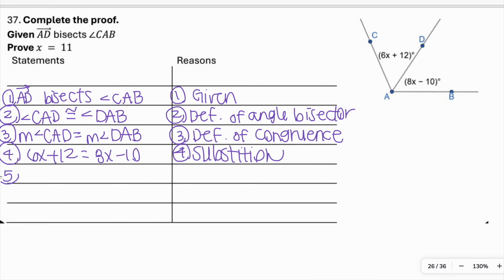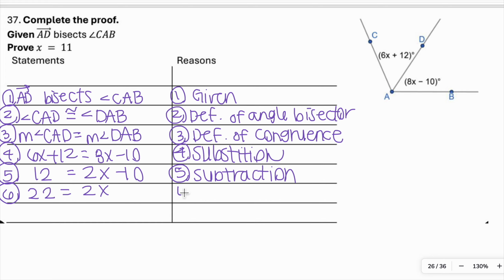And then from here it becomes very easy because you're using algebraic reasoning. So I'm going to subtract 6x from both sides. So I get 12 is equal to 2x minus 10. And that was subtraction. And then step 6, I'm going to get 22 is equal to 2x because I used addition.